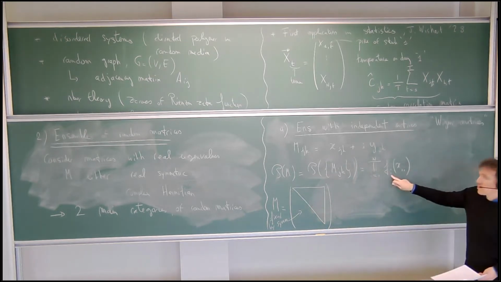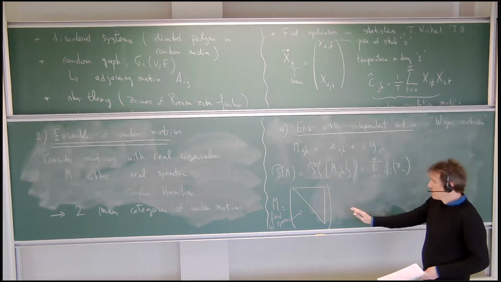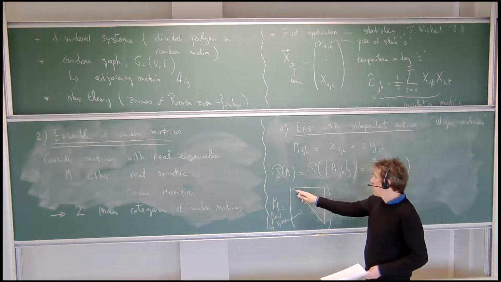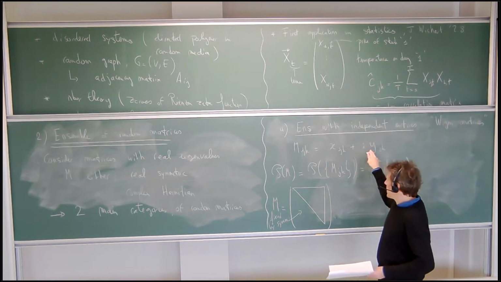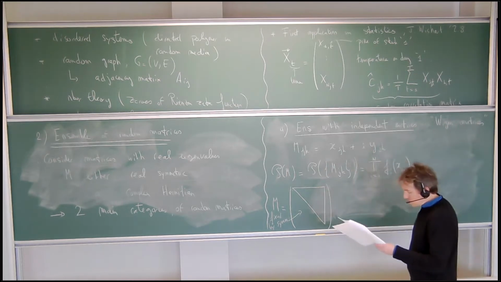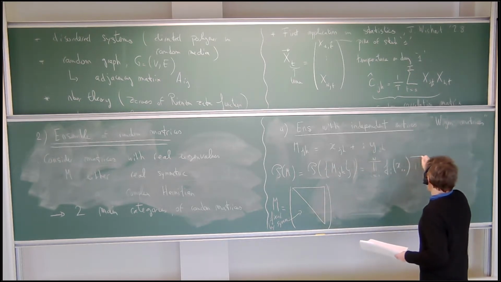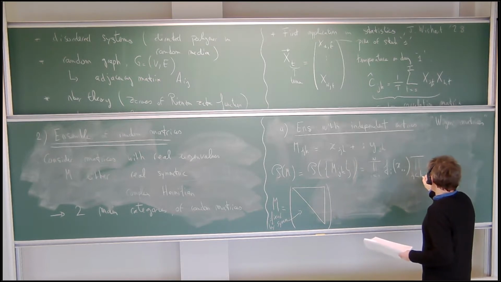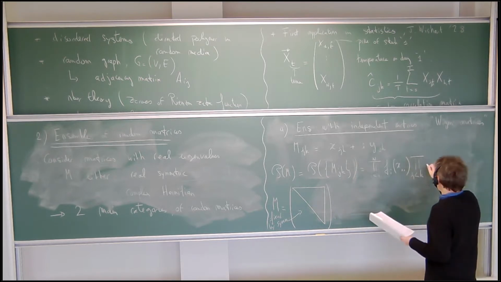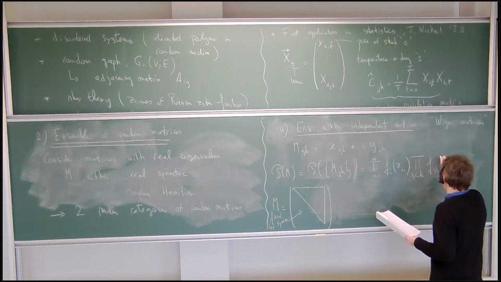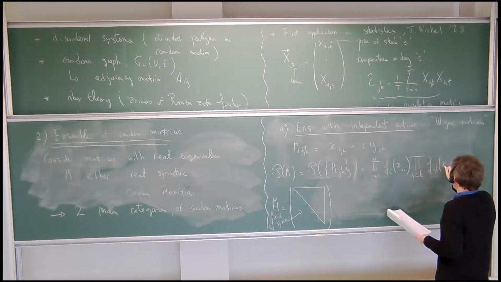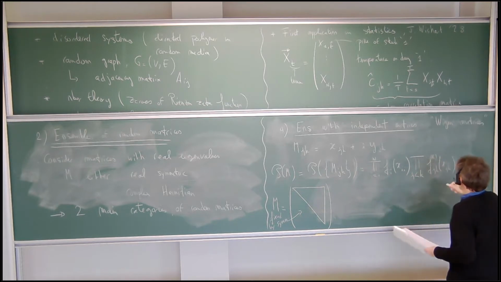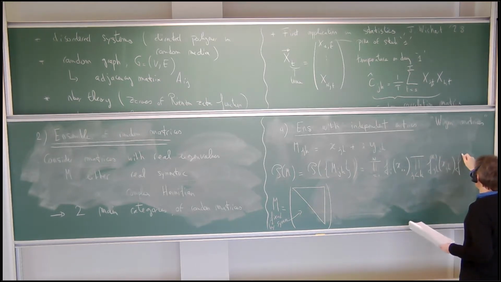Note that they might be different. And then I will just specify the law of both x and y on this upper triangular part. That is something which I will simply write this way. That will be a product for j less than k, of f_jk^R, the real part, of x_jk, and then f_jk^I, for imaginary, of y_jk.